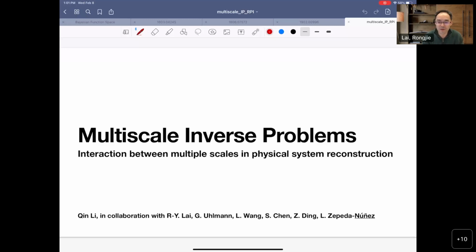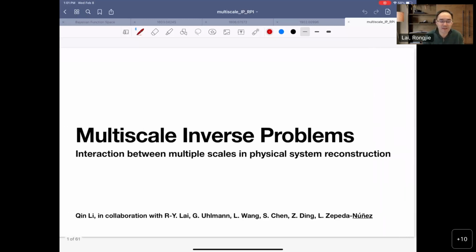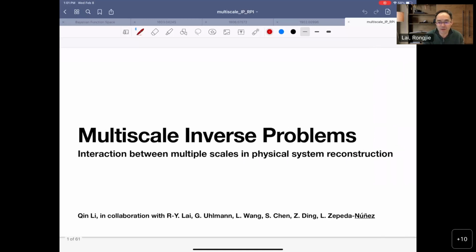Her research focuses on kinetic theory and more generally numerical analysis and scientific computing. Professor Li has received numerous recognitions, including the NSF Career Award and more recently a Simons Fellowship. Today she is going to give us a nice talk about the multi-scale inverse problem from Schrodinger to Newton to Boltzmann.